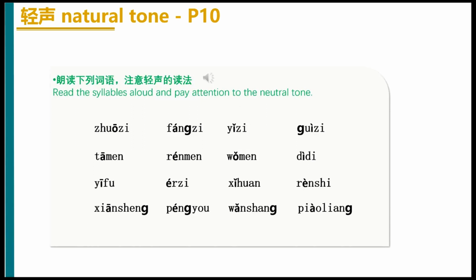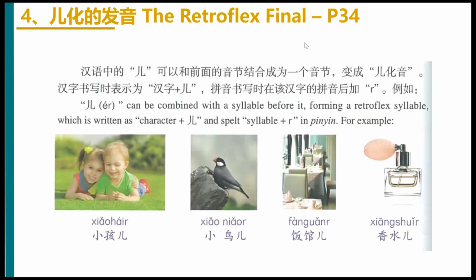The fourth point is this retroflex final. A retroflex final is not a tone, and it does not change the tone. It can be combined with a syllable before it, forming a retroflex syllable, which is written as character plus 儿 and spelled as syllable plus r in pinyin.